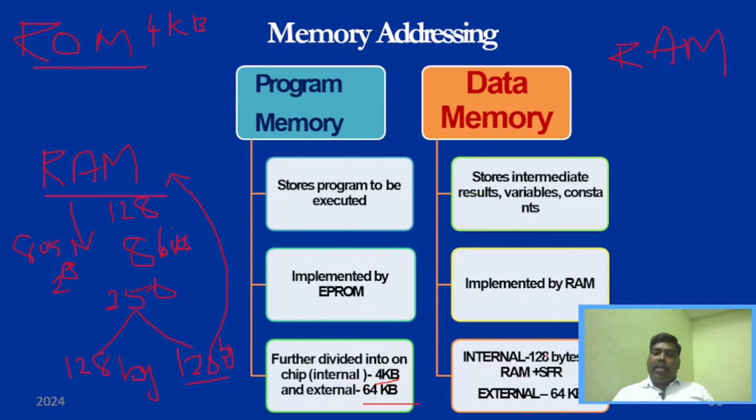As I said, this RAM can be split into upper 128 bytes and lower 128 bytes. The lower 128 bytes is accessible, and we call it internal RAM. The upper 128 bytes is allocated for special function registers. You can see that, and we can also extend this RAM memory to 64 kilobytes. This is the basic memory organization of 8051.